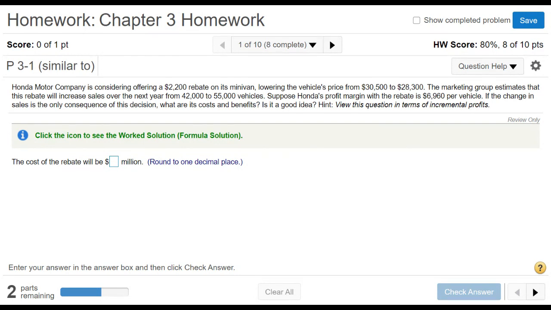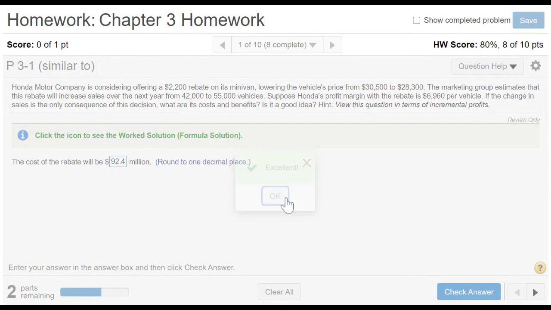$924 million. 924 million? No, 92,400,000. 92.4. Good.